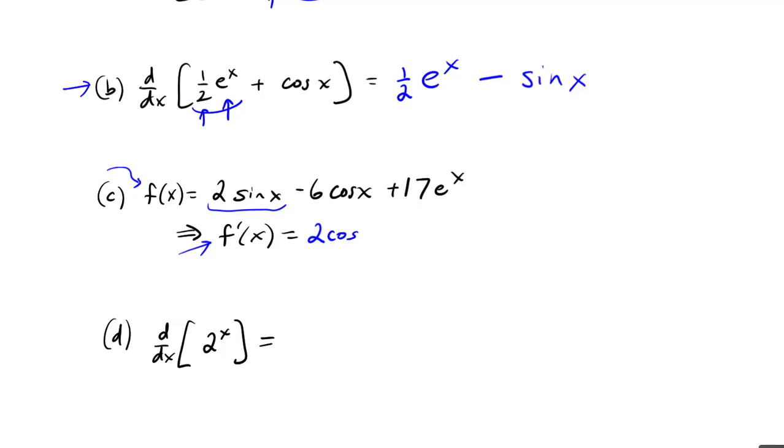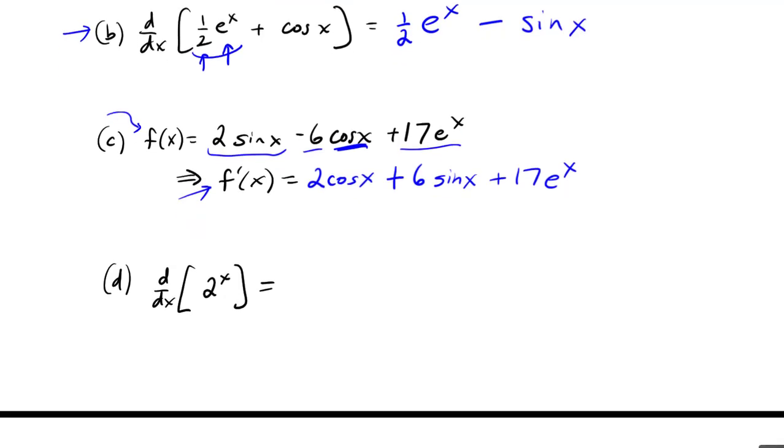Sine x becomes cosine x on the derivative. Then I have minus 6 as a constant multiple. Derivative of cosine x is minus sine x, so this becomes a positive sine x. Plus 17 e to the x. 17 is a constant multiple, it stays. E to the x, its derivative is e to the x. Okay.